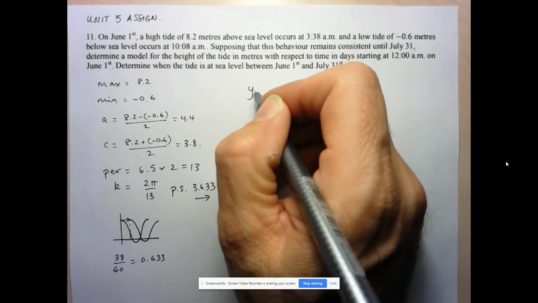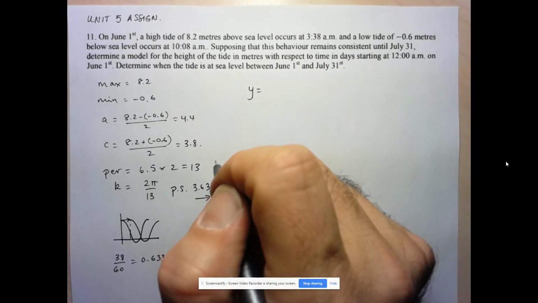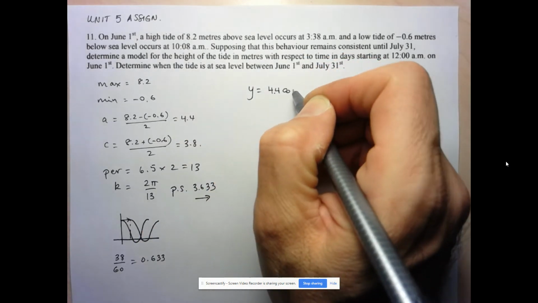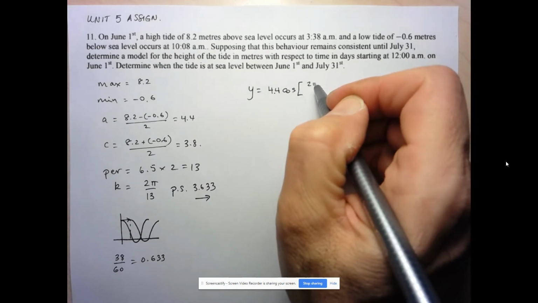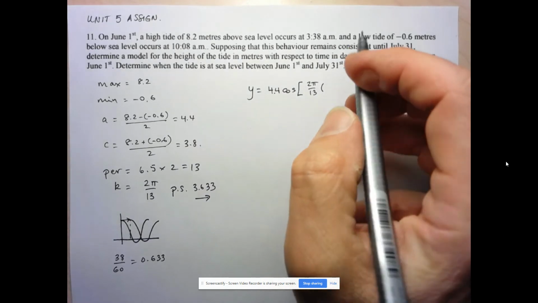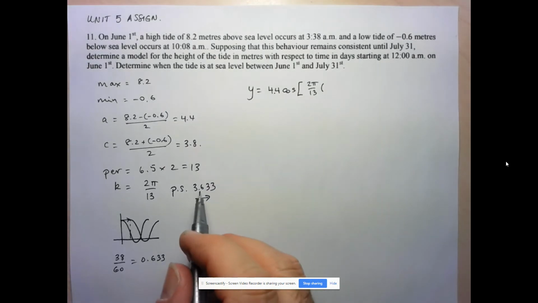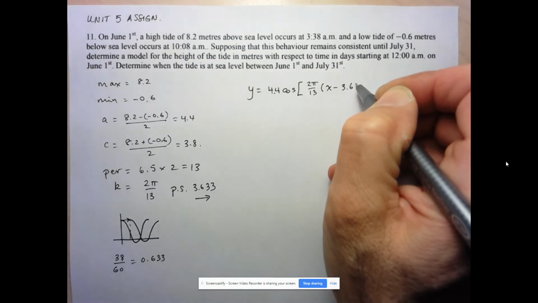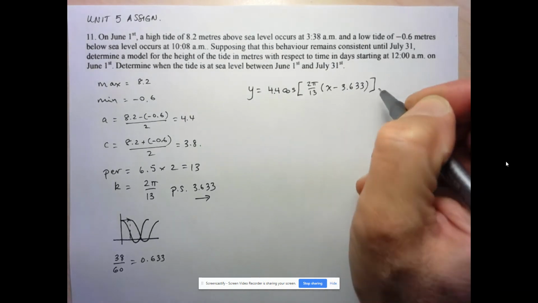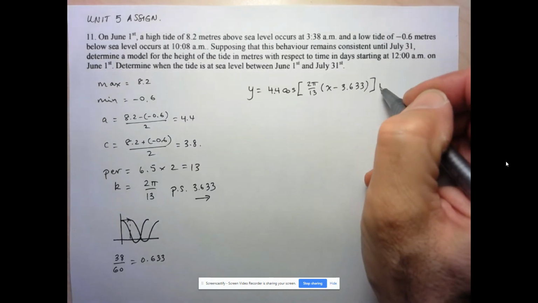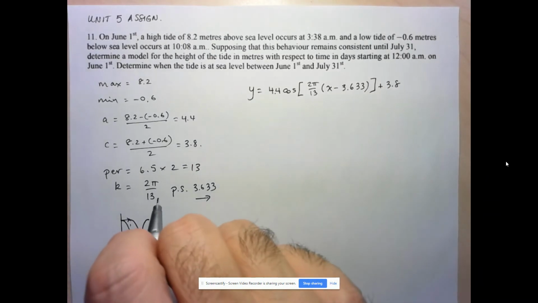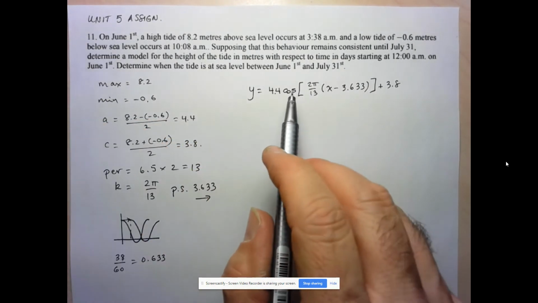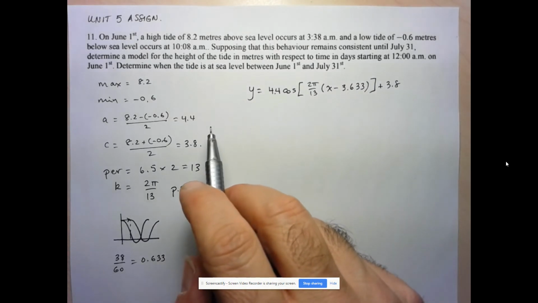So we have y equals, and again it's a positive cosine function, so our a value is 4.4, cosine of our k value, 2 pi over 13, and then we said we were going to move it to the right by 3.633, so that's x minus 3.633, plus our c value, which is 3.8. Since they specifically asked us to determine a model, we need to specify what these variables mean.